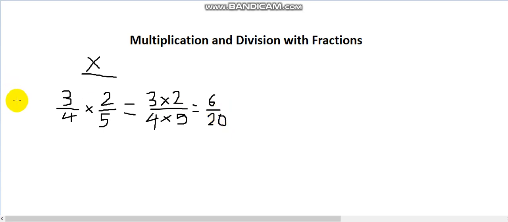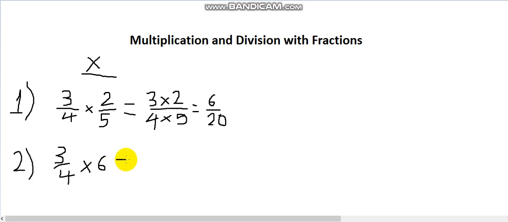That's the first case that I have with multiplication of fractions. The second case, which is actually easier, is when I'm multiplying a fraction, so let's say 3/4 again, with a number. So let's say 3/4 times 6.